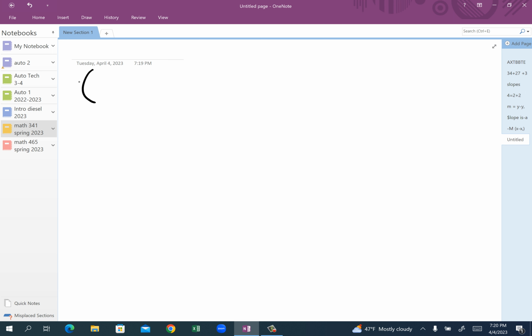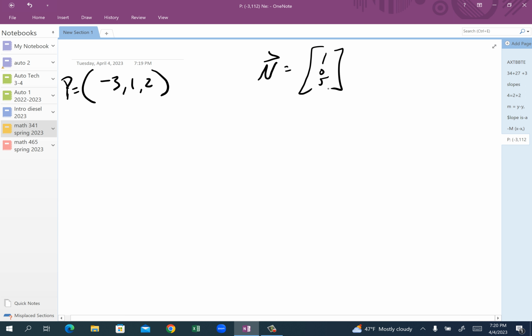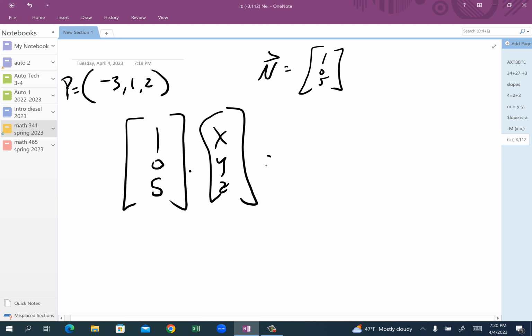And so they say P equals this guy, (-3, 1, 2), and has a normal vector of (1, 0, 5). Beautiful. So I'm literally going to go boom, boom, boom: (1, 0, 5) dot (x, y, z) equals (1, 0, 5) dot (-3, 1, 2).